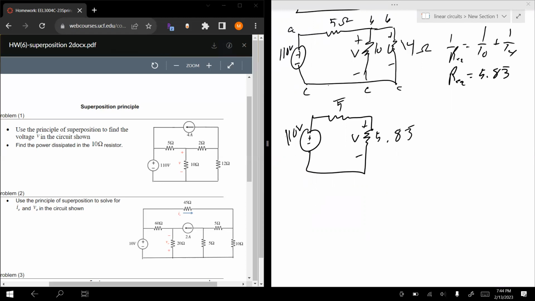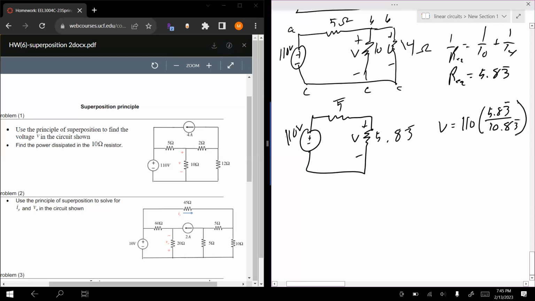Keep in mind, the voltage that we're finding is going to be equal to the total voltage, which is 110, times the resistor that you're trying to find, so 5.83 repeating, divided by the sum of the resistors that are in the same string, so 10.83 repeating.